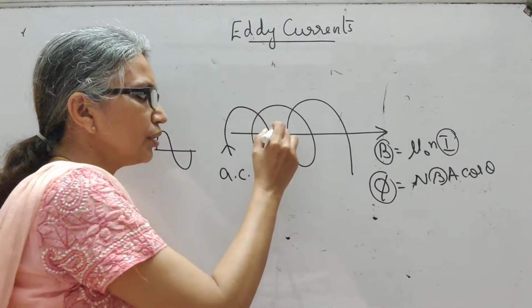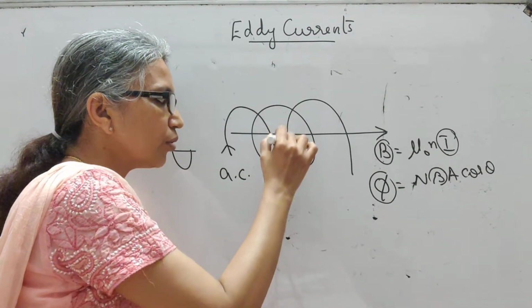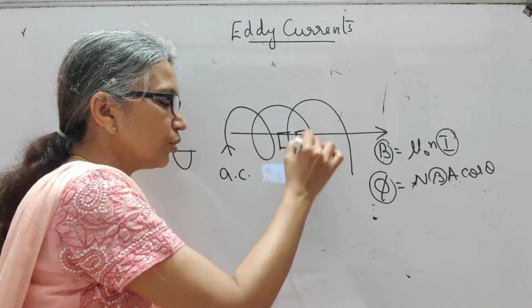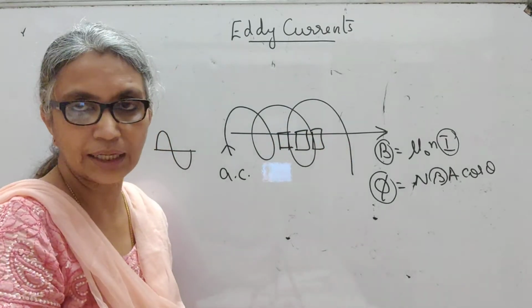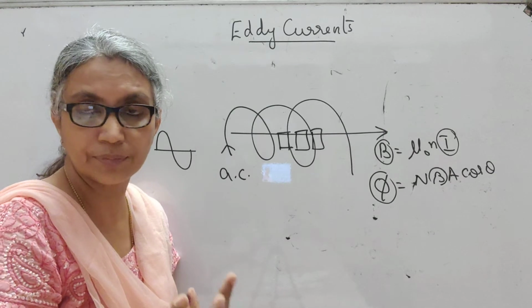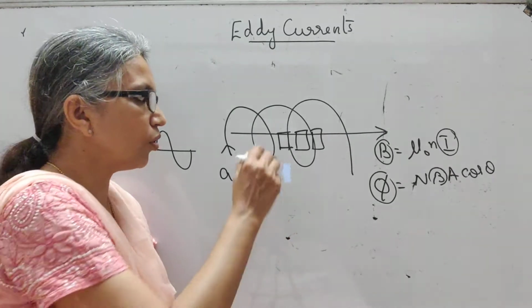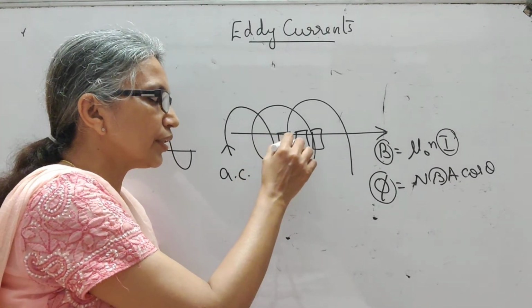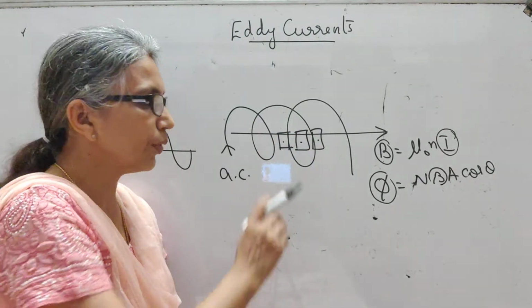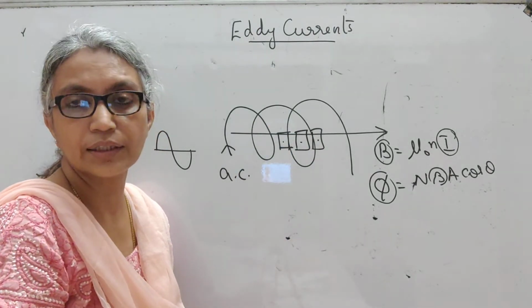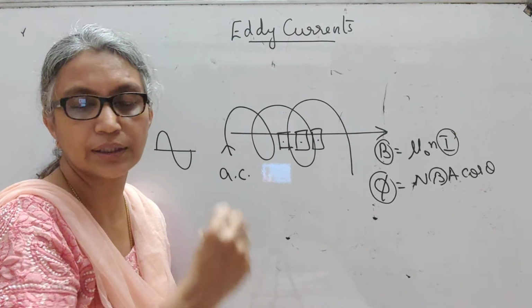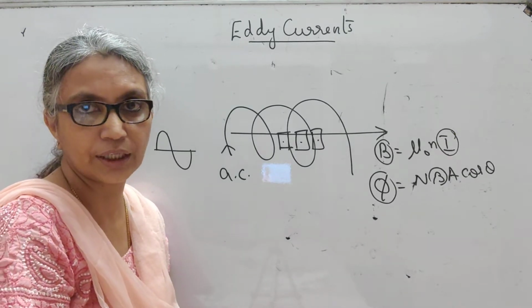And therefore there will be an induced current by Faraday's law. This coil is surrounded by these bulk metals that you need to melt, the Alnico alloy, that is aluminum, nickel and cobalt. So all the induced currents that are set up here, called the eddy currents, will generate a lot of heat, and this high temperature will melt the metal and fuse them together to give you the alloy.